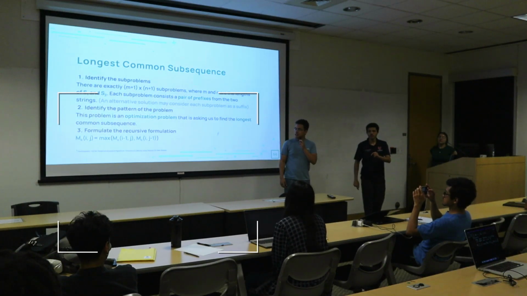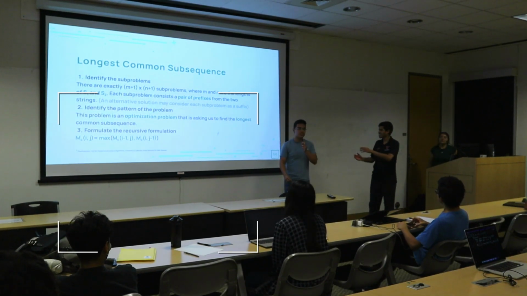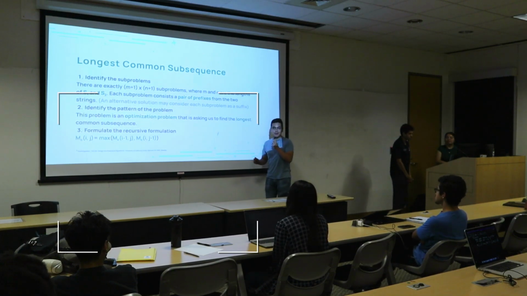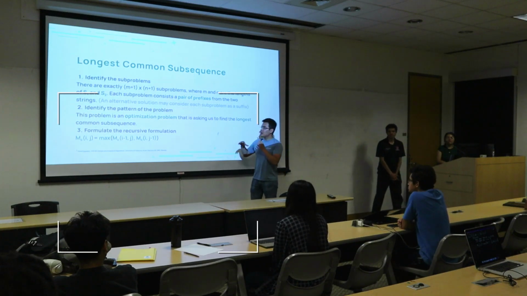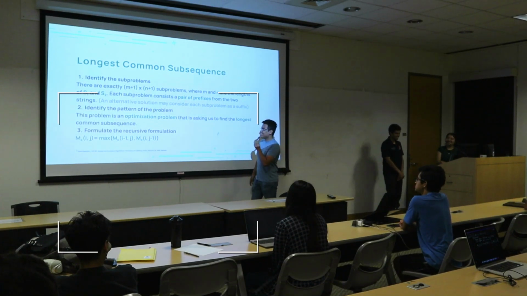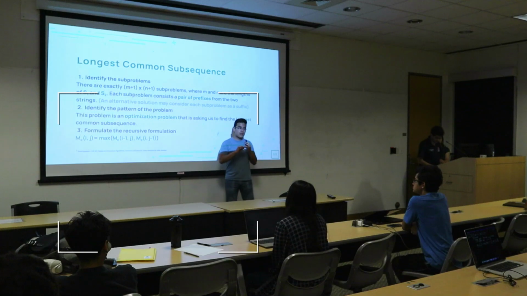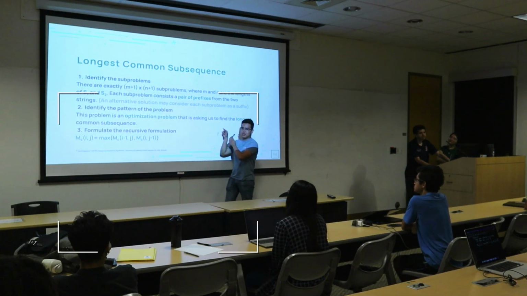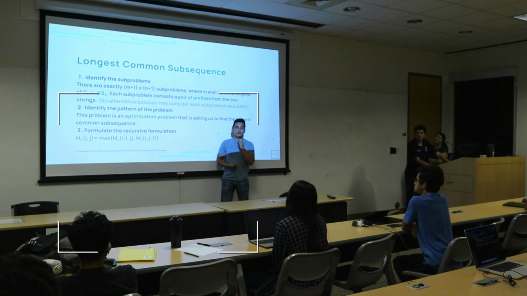Yep, it's just like the garden problem. Remember, we're moving right and down. But remember, we're only moving in one direction, which is down the string. And we're only doing that in two scenarios, whether the elements are the same in both strings or not.